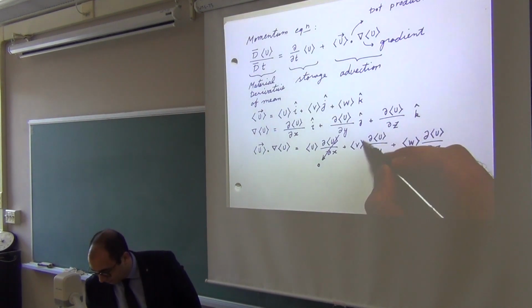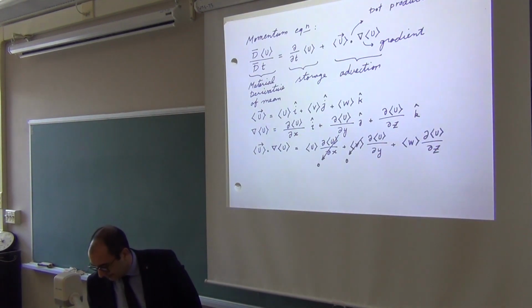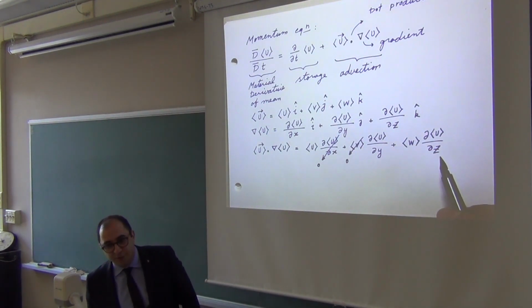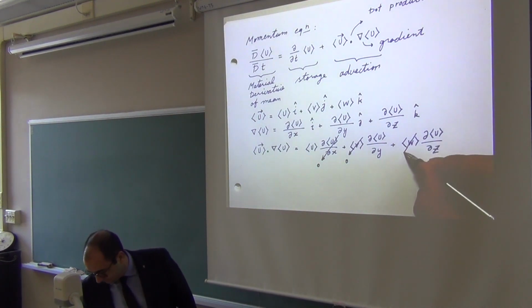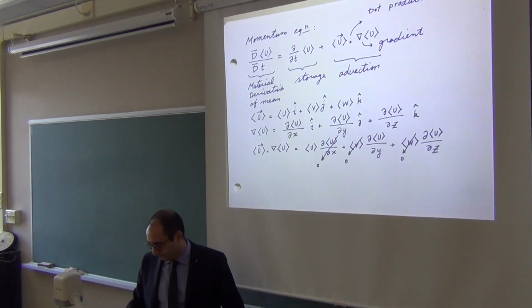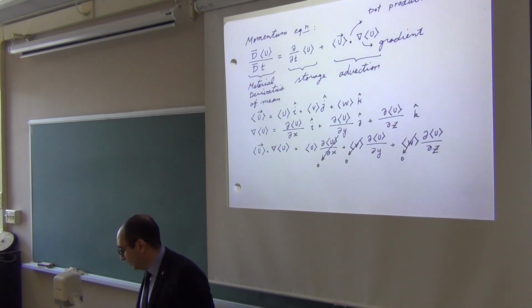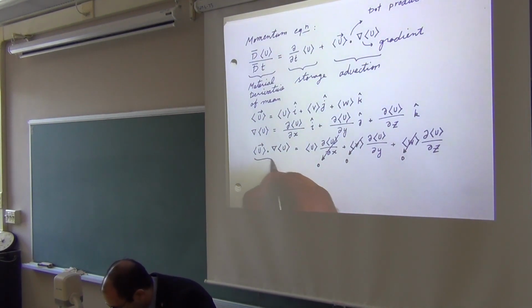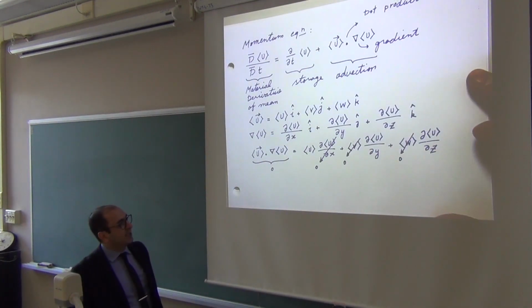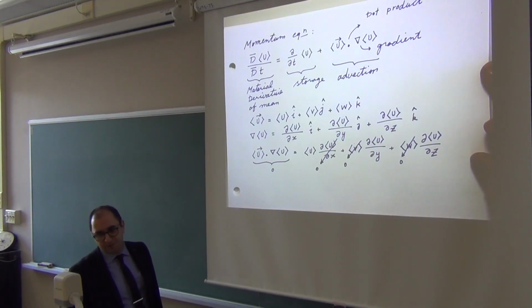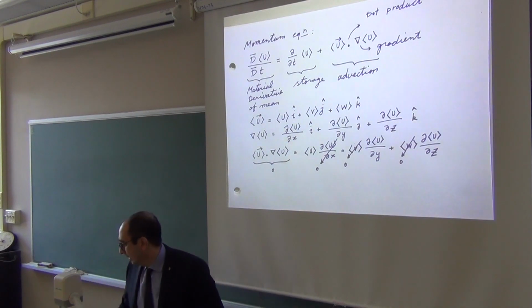Yes, we assumed it to be 0. Is partial u partial z 0? No, it's varying in height. But is w 0? Yes, it is. So you see, the whole thing happens to be 0. So I just demonstrated what the question was asking. It was asking me to show that the advection term is 0. So I just did that.